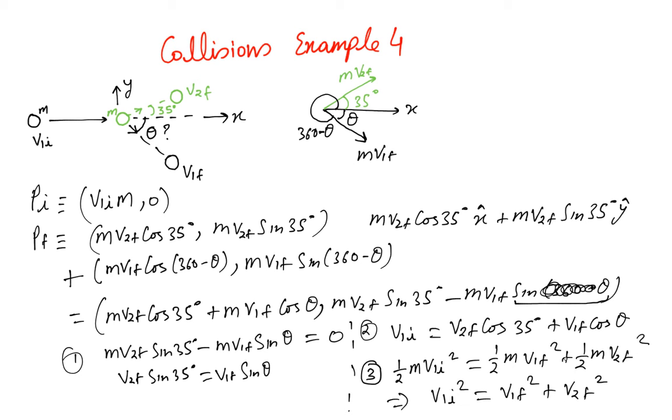So now we have three equations. Okay, so what can we do? Well, let's see if we can solve equations 1, 2 and 3. So how to solve it? Well, let's give it a thought.